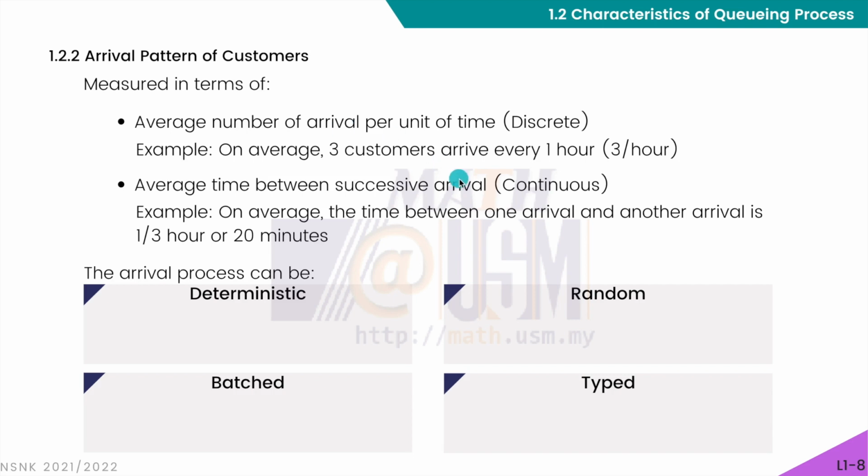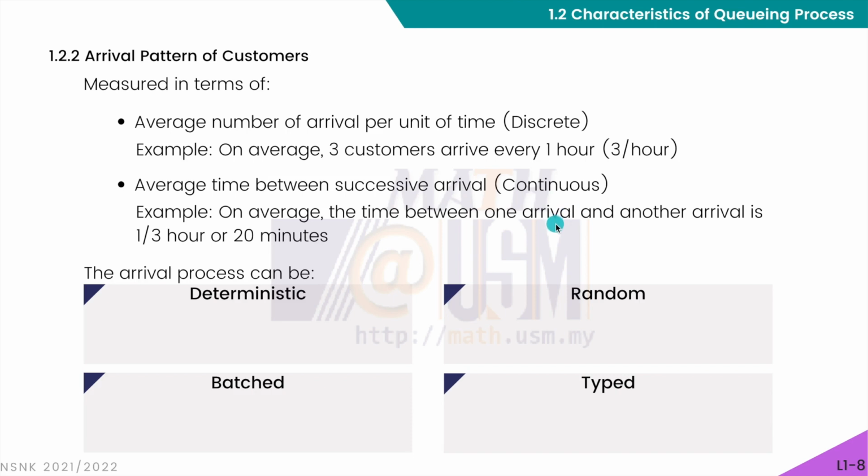When we're talking about the average time between successive arrivals, this is basically a continuous process because we're looking at the time between each arrival. For example, on average, the time between the first arrival and the next arrival is 20 minutes.